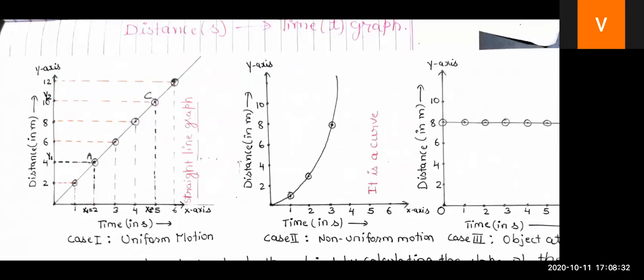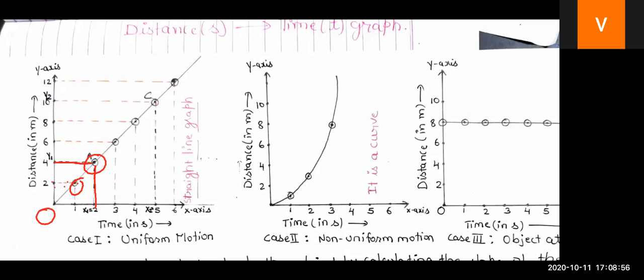Now we are plotting the graph, and when we plot the graph, we are seeing that at time t equals to 1 second, the distance of the object is 2 meter, right? When the time is 2 seconds, the distance of the object is 4 meter from your origin.